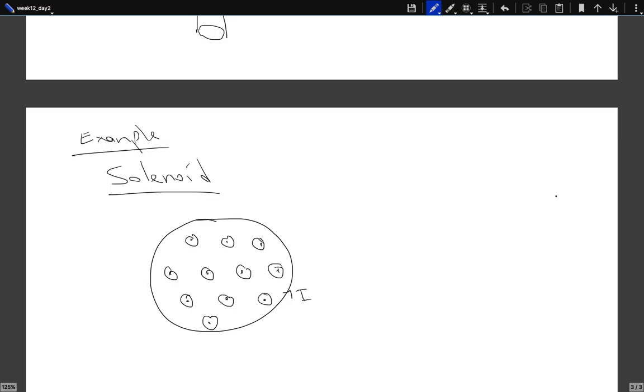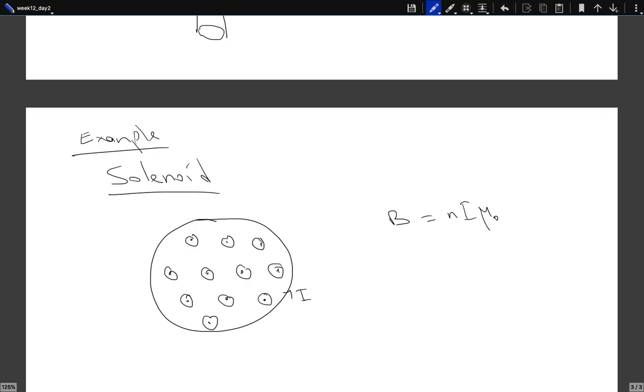Do you remember what was the magnetic field created by the solenoid? n times I, well, there's also the mu 0. Mu 0 n I. So if you change I, you are changing the magnetic field.